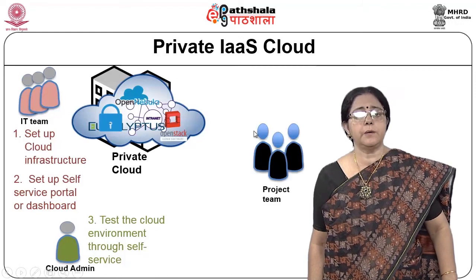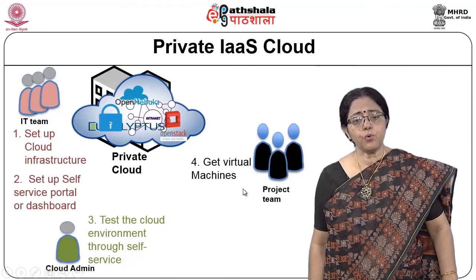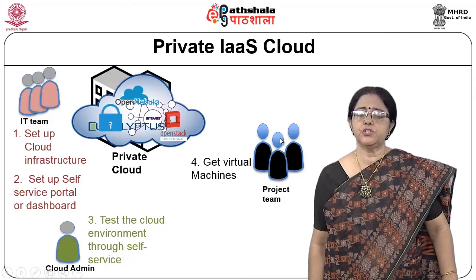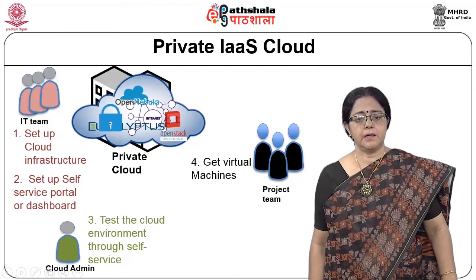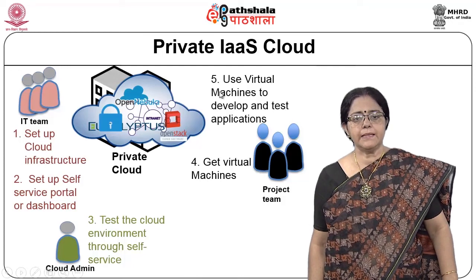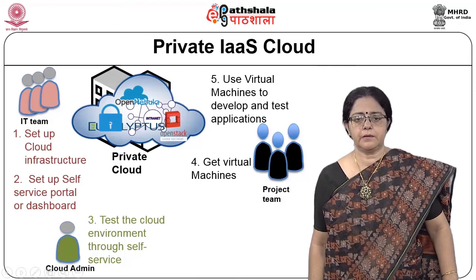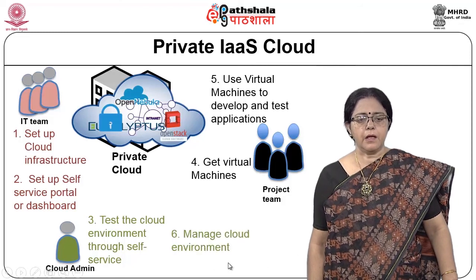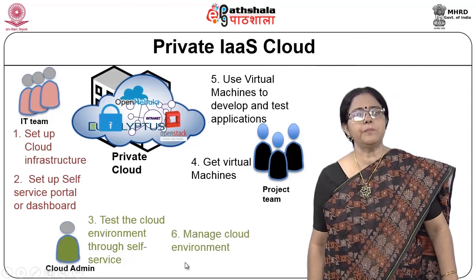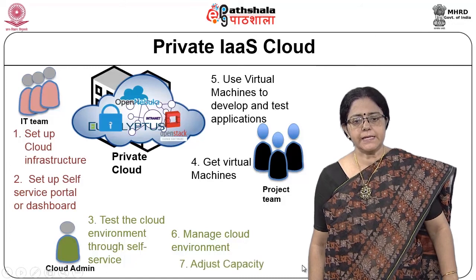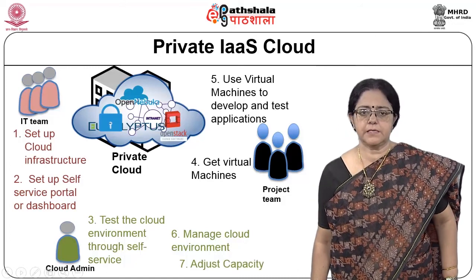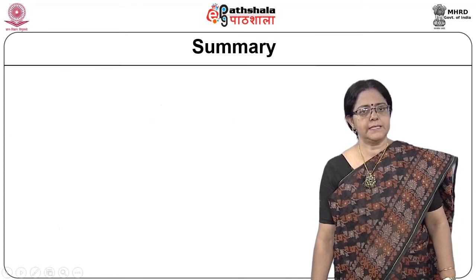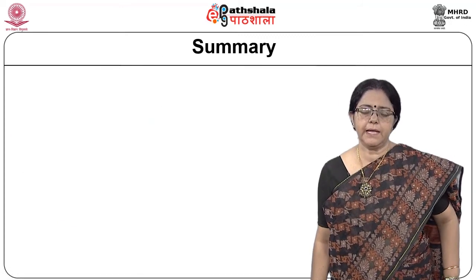And then the project team comes, who will be obtaining the virtual machines. The only difference is that now the virtual machine resides in the private cloud on premise, and they will use it and develop their application. The cloud admin continues to manage the environment and adjust the capacity. This is the way a private IaaS cloud is being set up by this company XYZ.